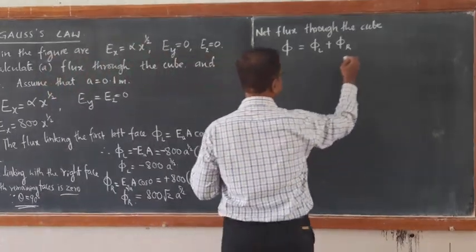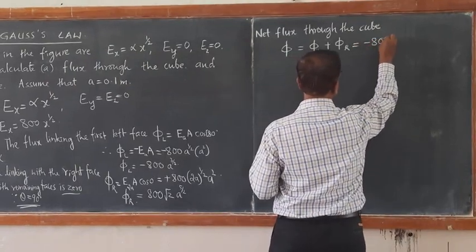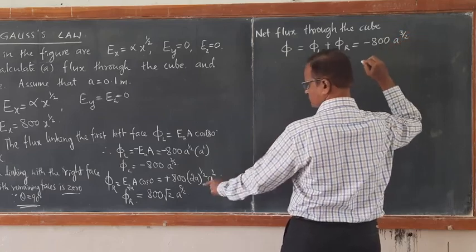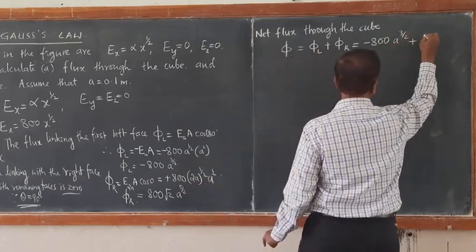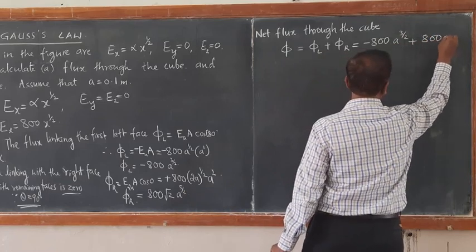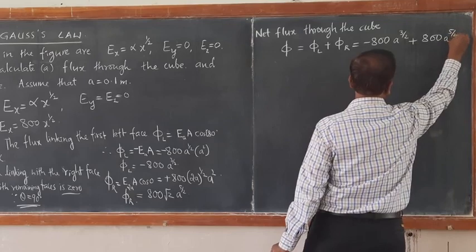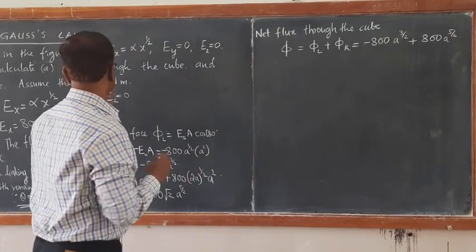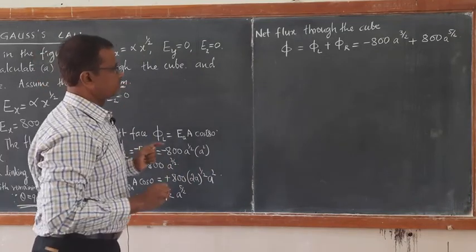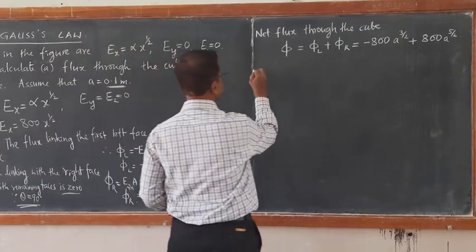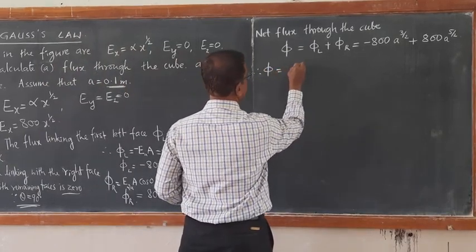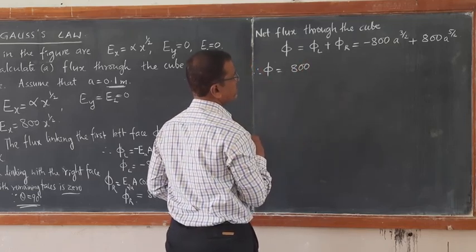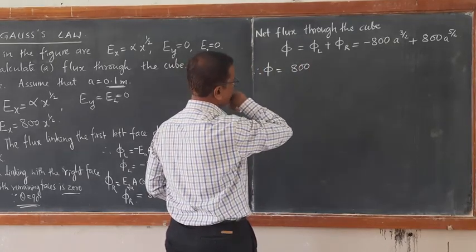So phi is minus 800 A raised to 3 by 2 plus 800 root 2 A raised to 5 by 2. Now A value is given as 0.1, so we can substitute the value, but before that, let us simplify this. Taking A square common.